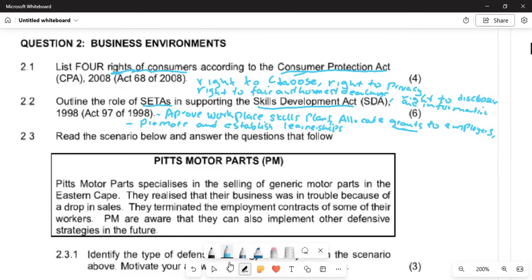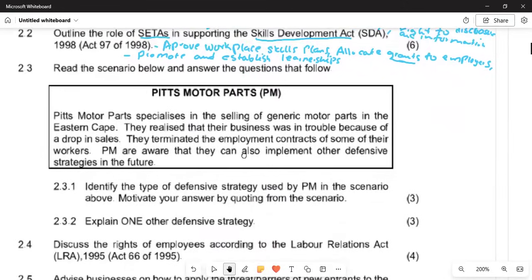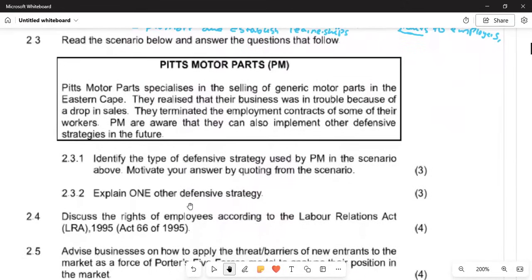Without wasting time, let us move to 2.3, where we are given a scenario. Read the scenario below and answer the questions. The scenario reads as follows. Peace Motor Parts specializes in the selling of generic motor parts in the Eastern Cape.